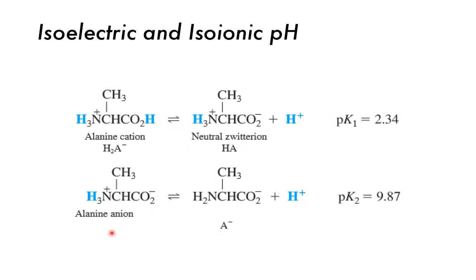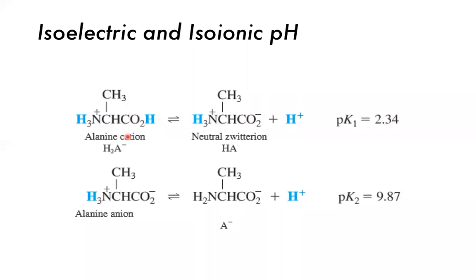So there's a special sort of term for these things where we have something called the isoelectric and the isoionic pH, which we will get into definitions of in a moment. But basically, we have these systems which exist.